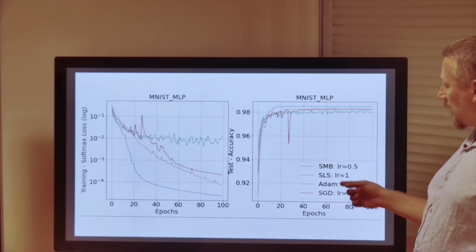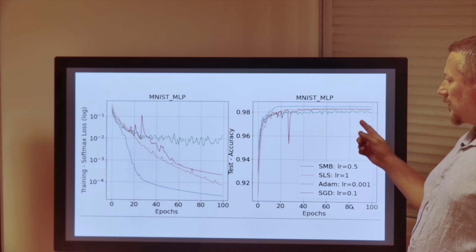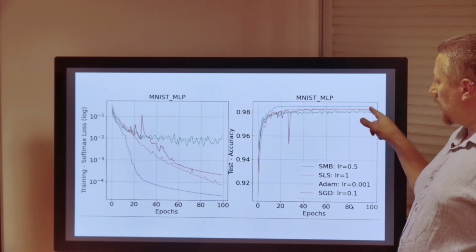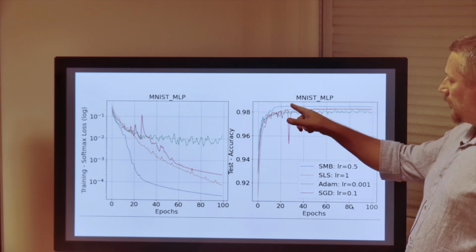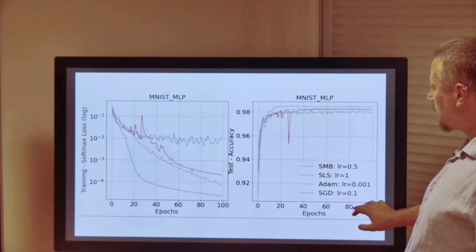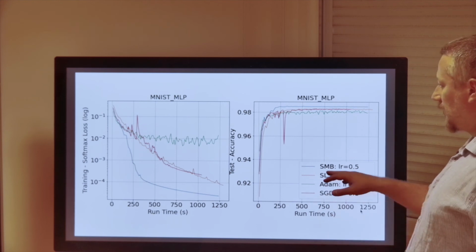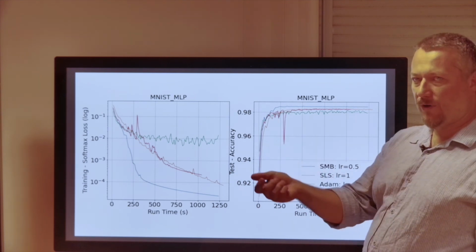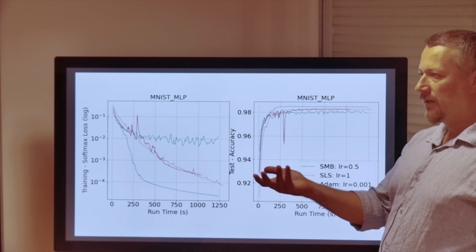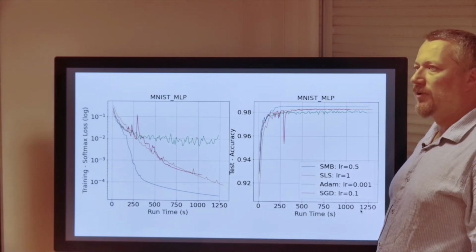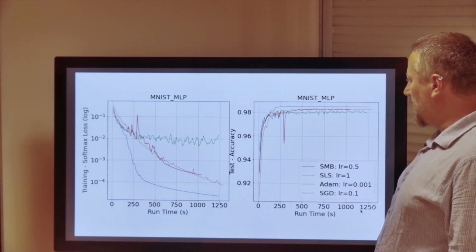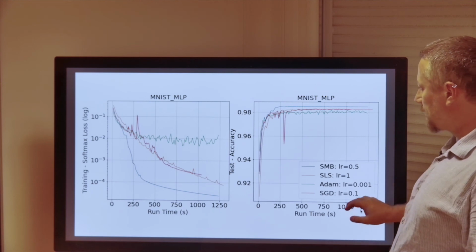And also if you look at the test accuracy, it converges to a better accuracy from the beginning even. And this is in terms of runtime. So even in runtimes, even though we are calculating more function values and gradients when we take the model step, still in terms of runtimes it works pretty well.